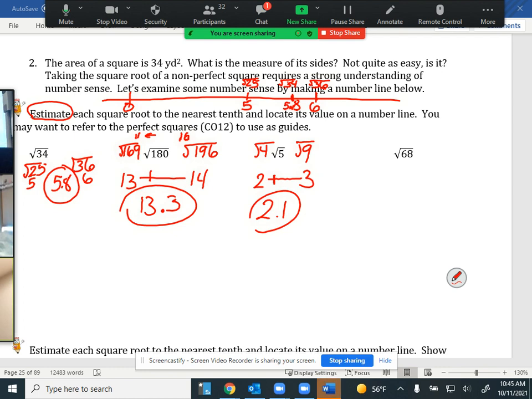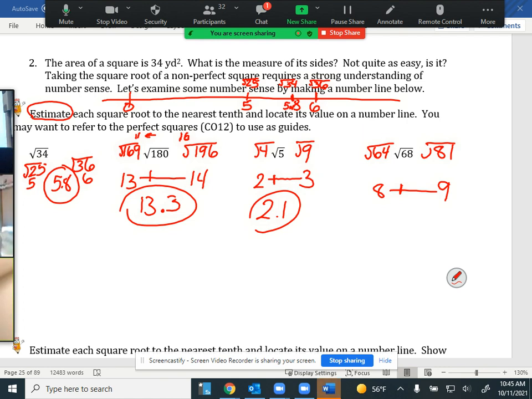Square root of 68. Well, let's look back at our perfect squares. On this side, we have the perfect square of 64 and the perfect square of 81. So 64 is 8, 81 is 9. 68 is definitely closer to 64 than it is to 81.